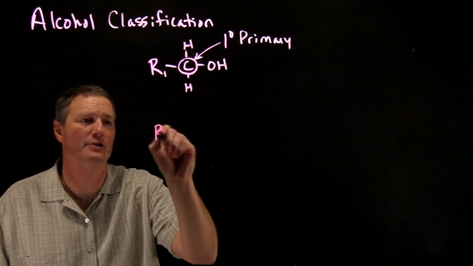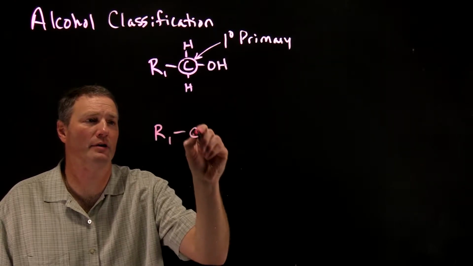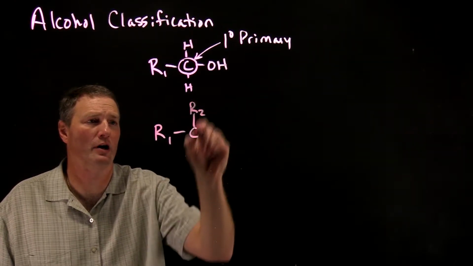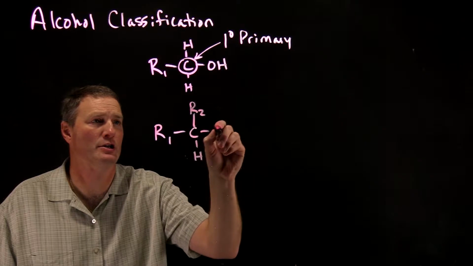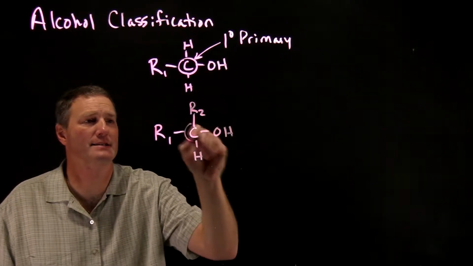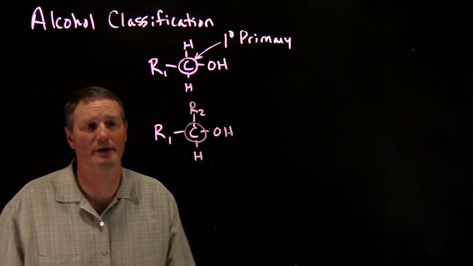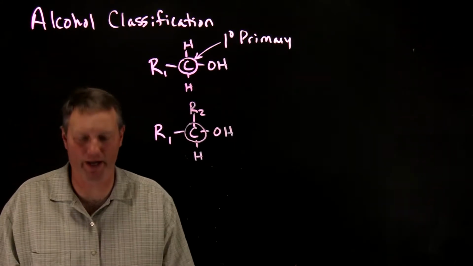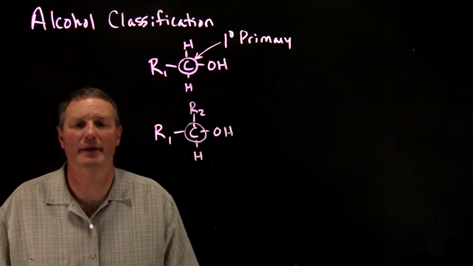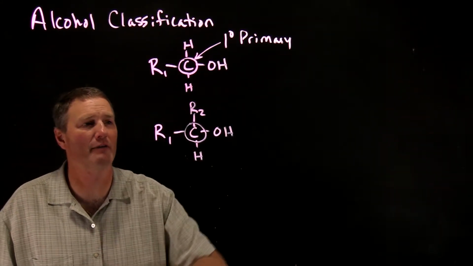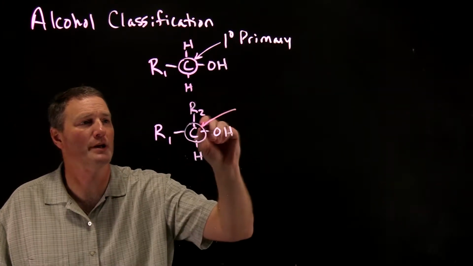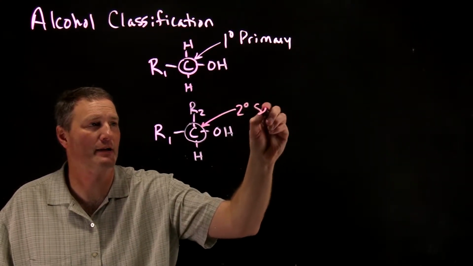Now, as you might imagine, I could also have an alcohol that had two alkyl groups like this, R1 and R2. And R1 and R2 could be the same or different alkyl groups, it doesn't matter. But in this case, since I have two groups coming off, the circled carbon would be called a secondary alcohol carbon.